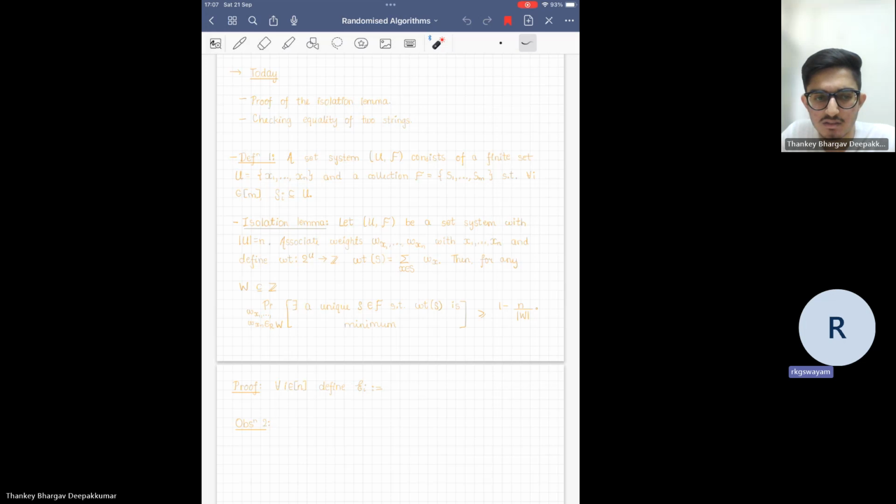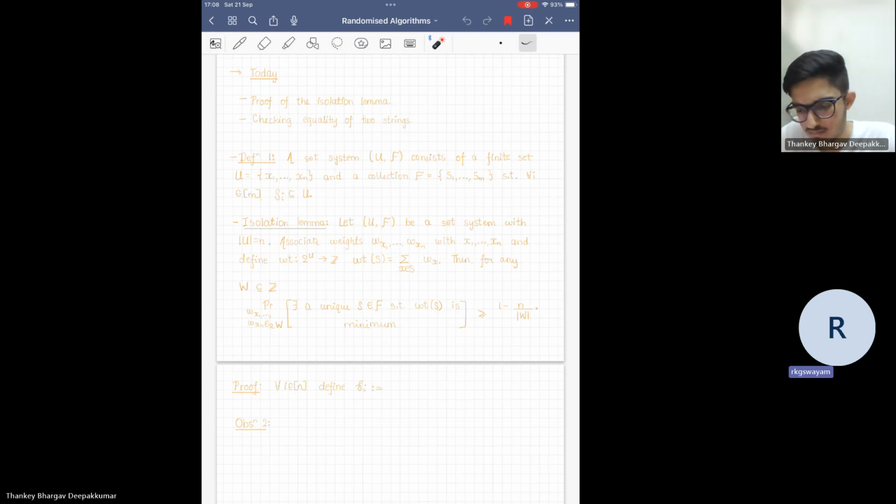It used to be something like, if we consider the subsets of a set, and if I assign weights to the different elements of the subsets, then the subset which carries the unique minimum weight, its probability would be less than or equal to n by capital N, if I remember, wherein we were assigning weights to the different elements from 1 to capital N, and the set comprised small n elements.